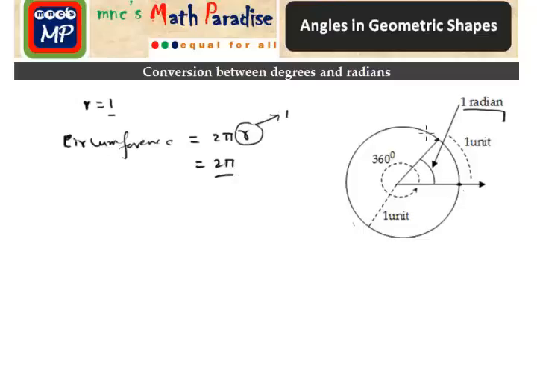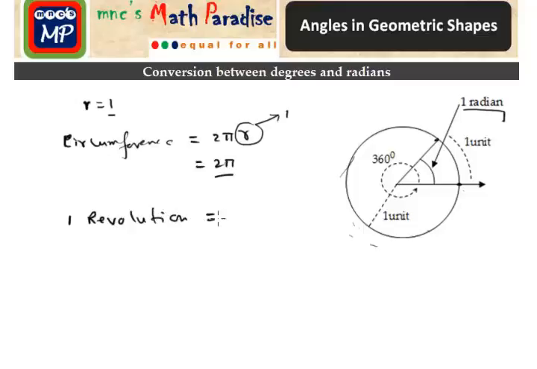So the total circumference is 2 pi, and if we move 1 unit along the circumference, it makes 1 radian angle. So if we move 2 pi units along the circumference, for 1 unit 1 radian, the total 1 revolution will be 2 pi radians.